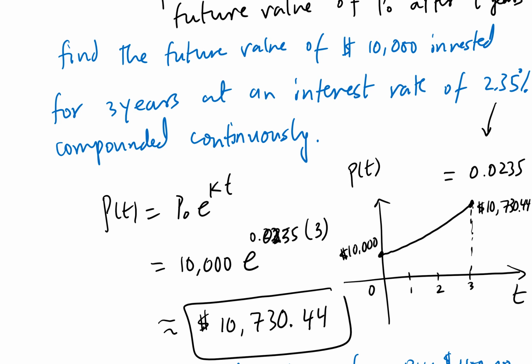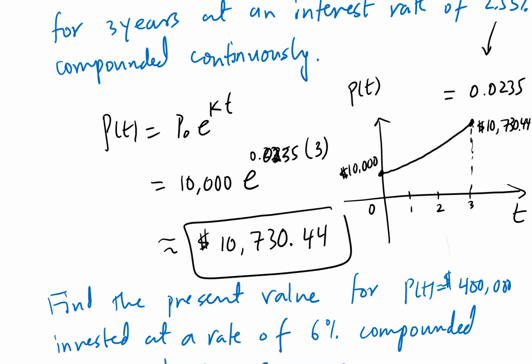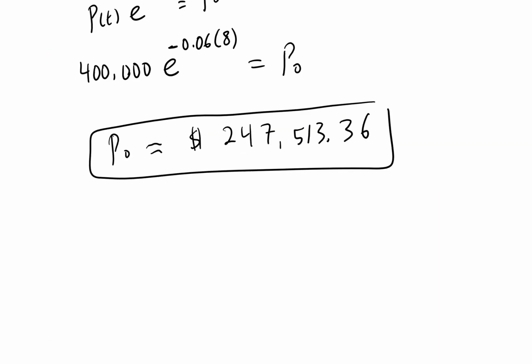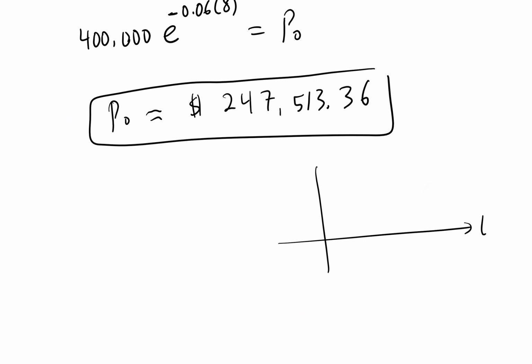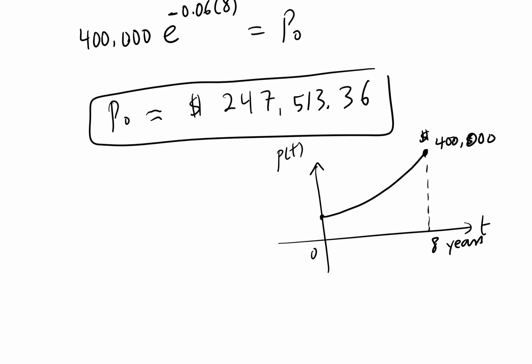In the previous one, they gave us the future value. After 8 years, this was 400,000. And the question was, what's the present value, the value we started with?